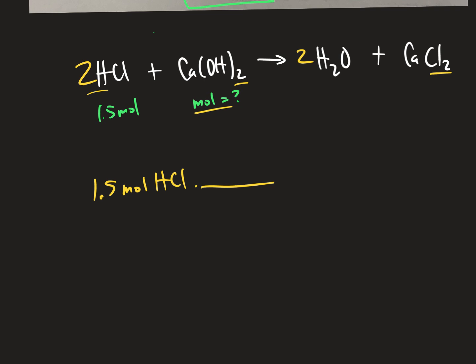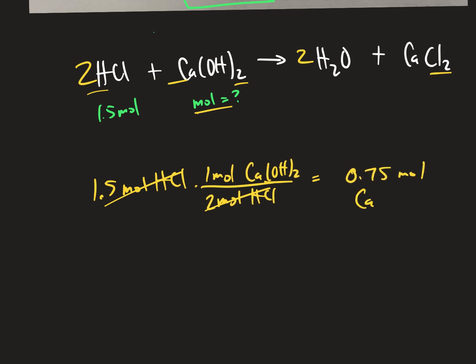What goes on bottom? 2 moles of HCl to 1 mole of calcium hydroxide. That goes away. Is this what we're looking for? And we're done. Does this have anything to do with acid bases? No, it's nothing, right? We do the math and we get 0.75 moles of calcium hydroxide.